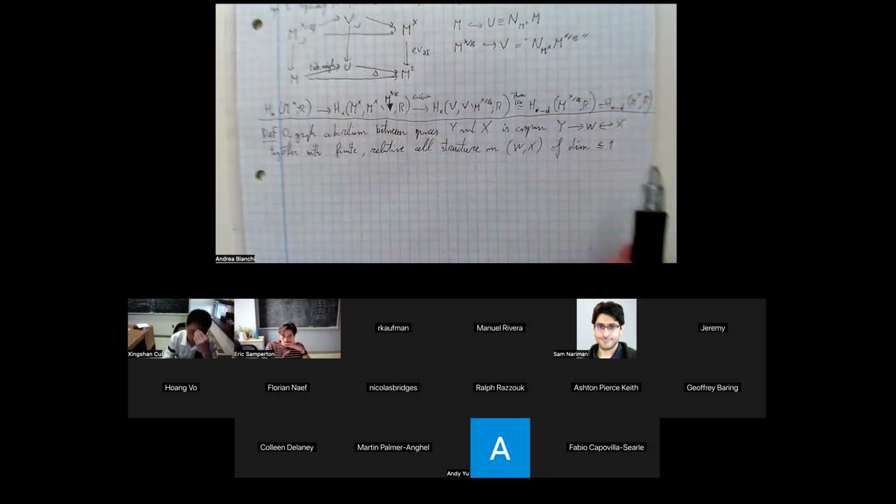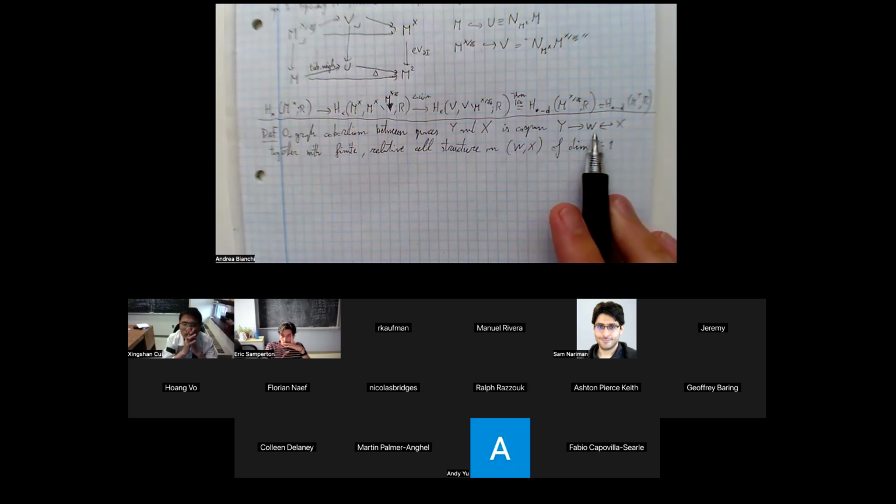So literally, this means that W is obtained from X by attaching a graph, and by attaching a few 0 cells and a few 1 cells. And Y maps to W by some continuous map.